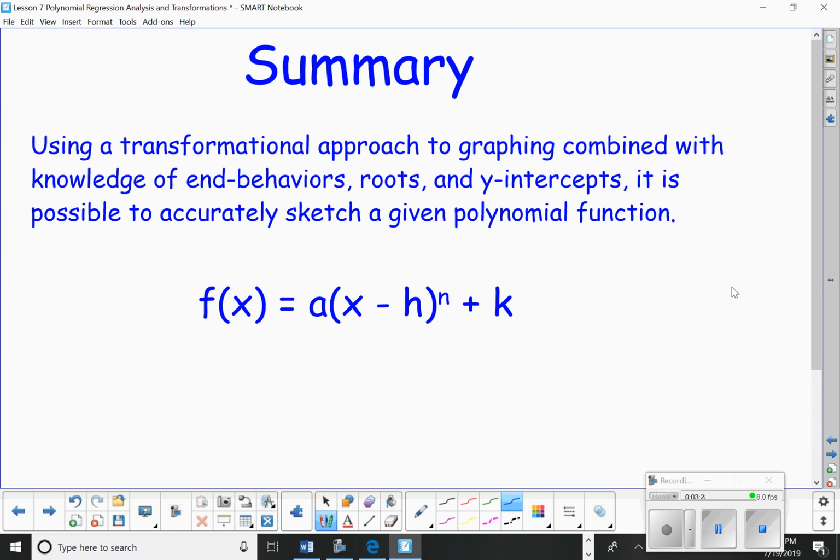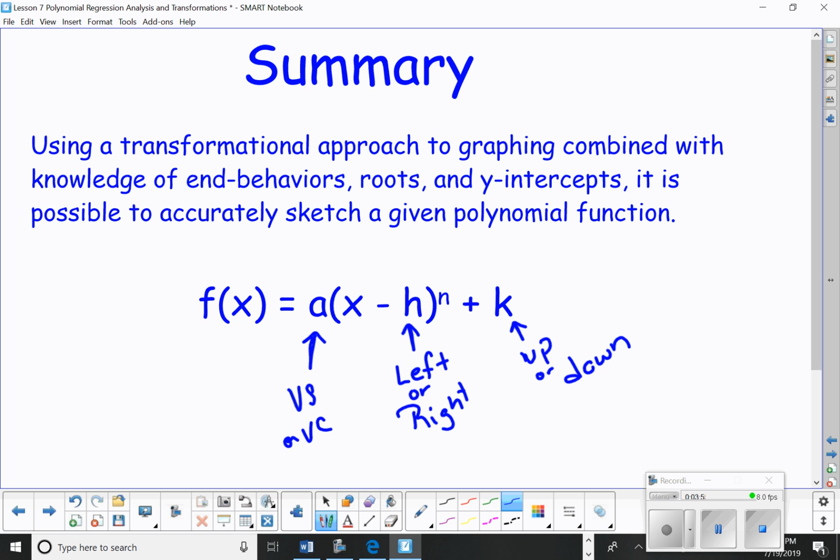As a summary, the transformational approach to graphing. You have your vertical stretch or your vertical compress. Here, you're going to move left or right. Here, the k, you're going to move up or down.